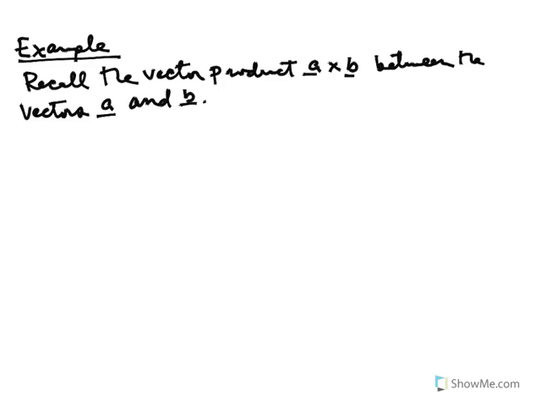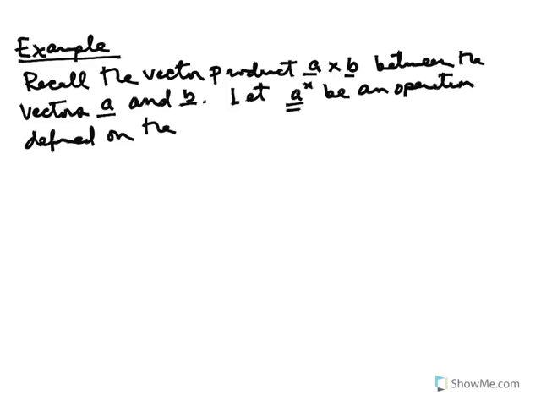So we're going to call something a tensor here. I'm going to call it A cross, be an operation defined on the vector B such that, I have to be really careful with the way we write this.